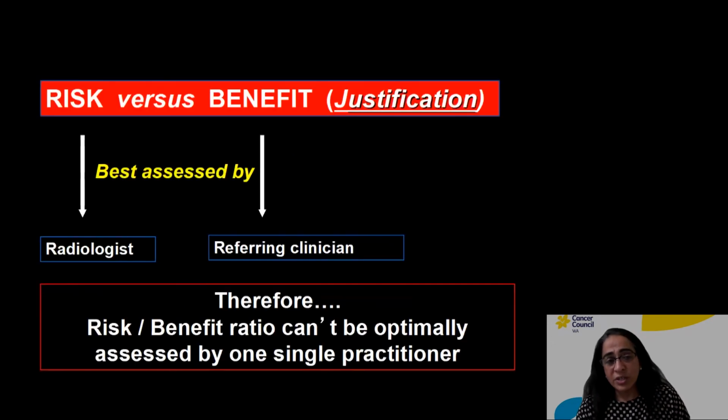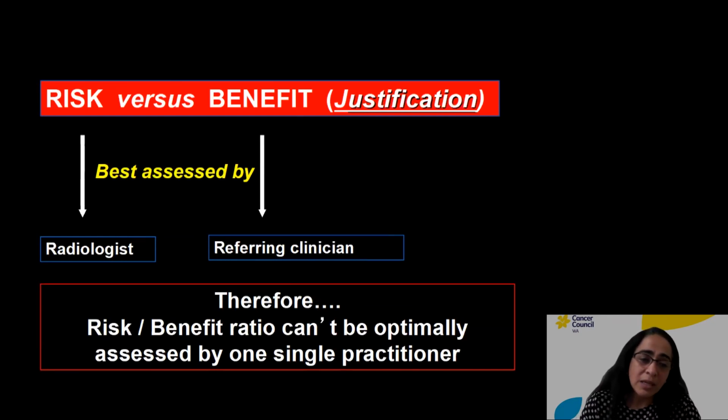And this risk versus benefit ratio is best assessed as a team, the radiologist and the referring clinician. The referring clinician knows the patient well, and the radiologist can guide what test is best for looking for a particular question.